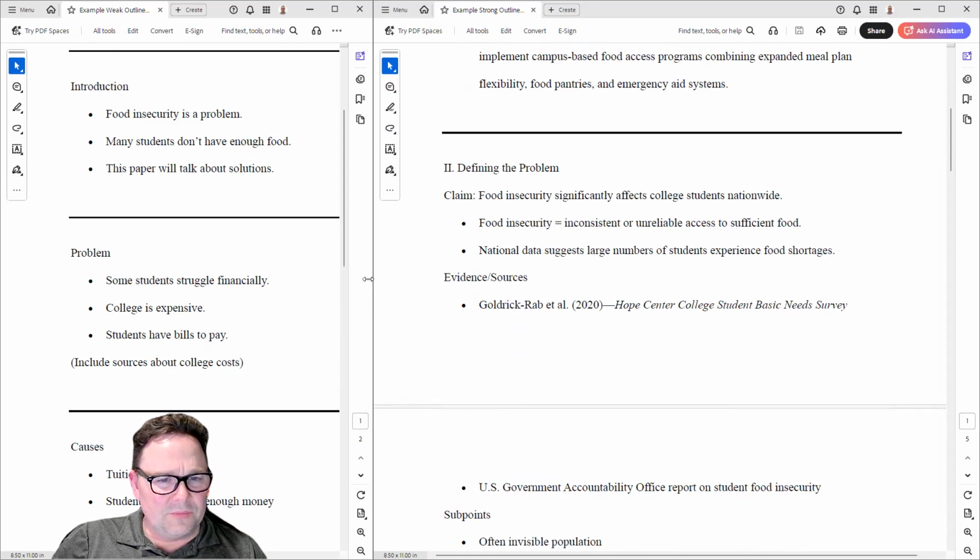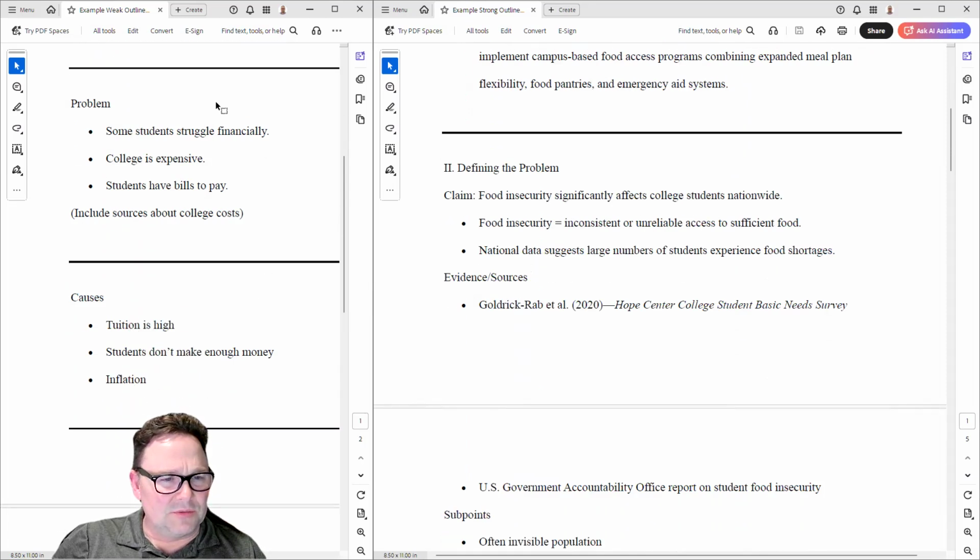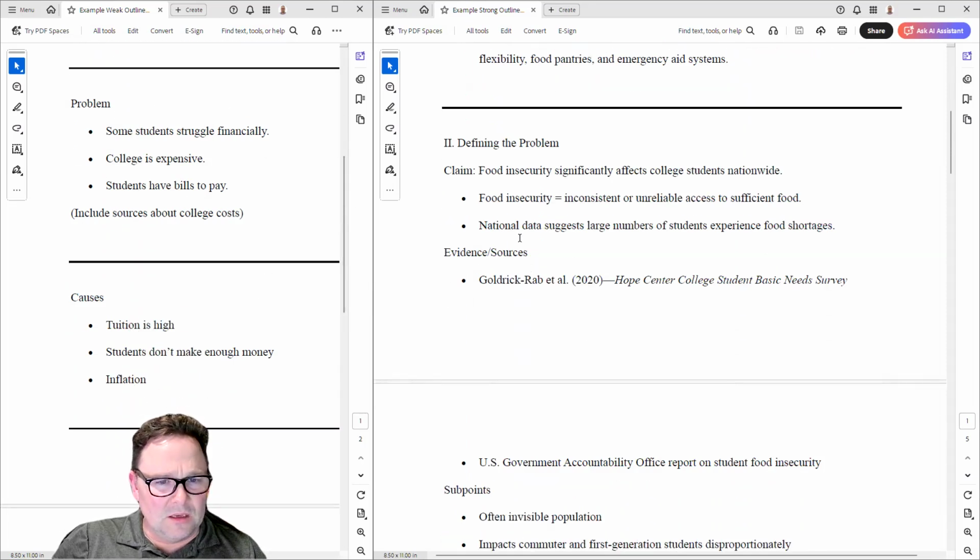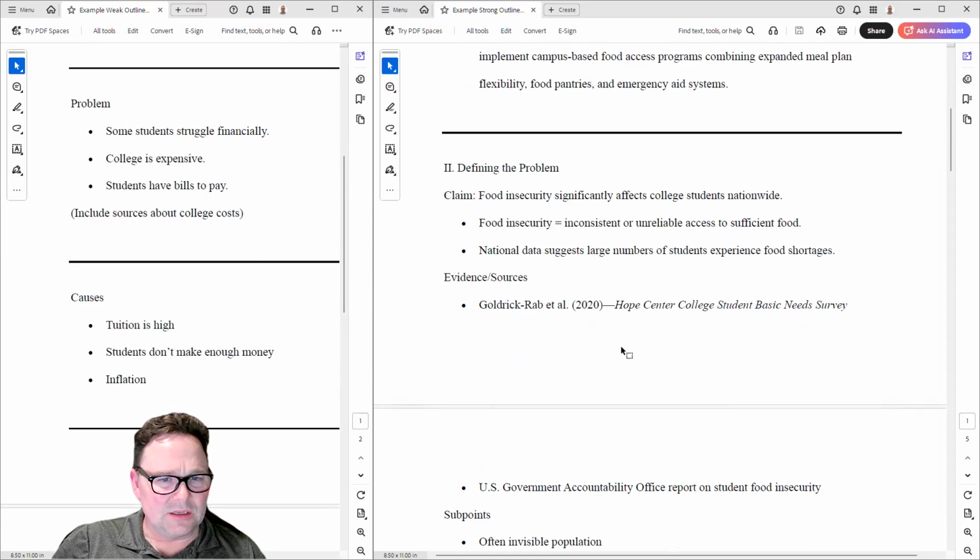When you're beginning to get into the problem section, instead of just reminding yourself to include some sources, find a source, put it down here. Maybe offer an insight or two into what that source is, related to a claim that you're going to make about your problem.